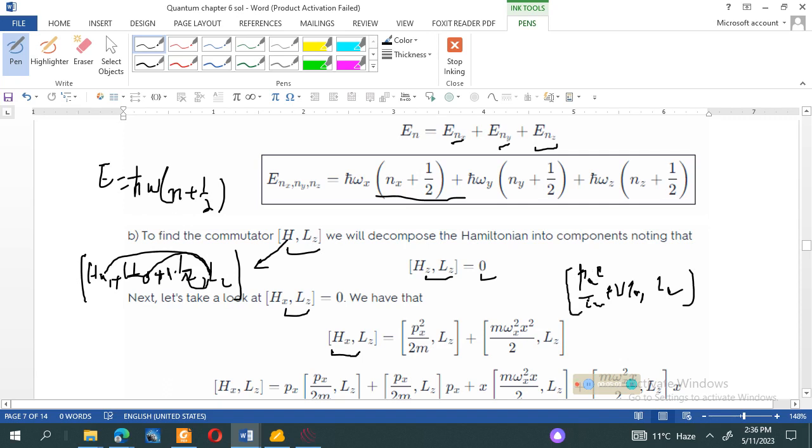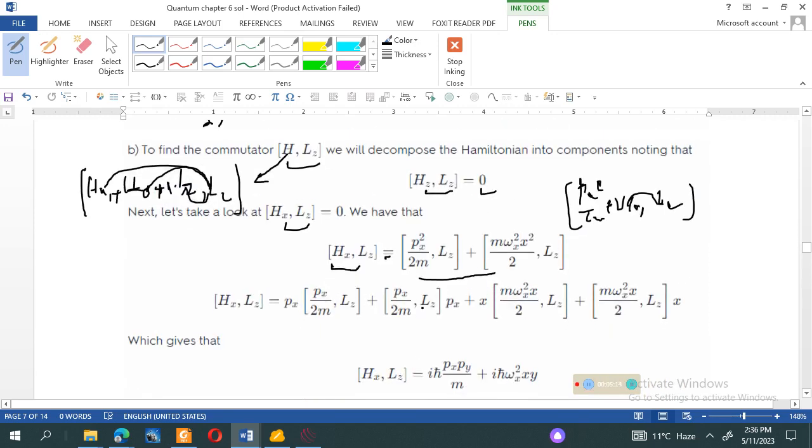So its commutation will be like px squared commutation with this and commutation with these two terms one by one. So the total commutation of these two will be equal to this. Now we know that we can write our associative formula for this term by term. You know that the commutator of AB with C will be equal to A into BC plus C into AB.